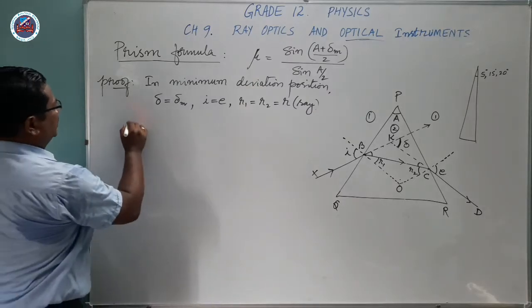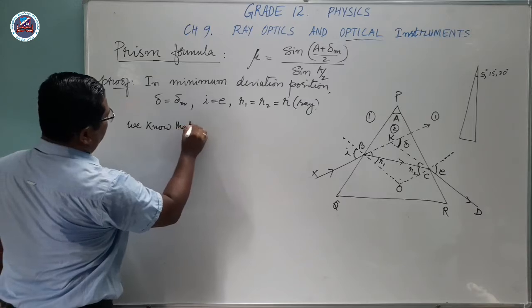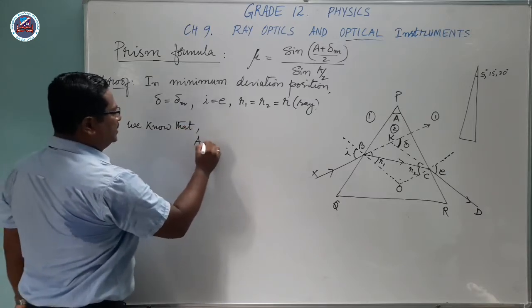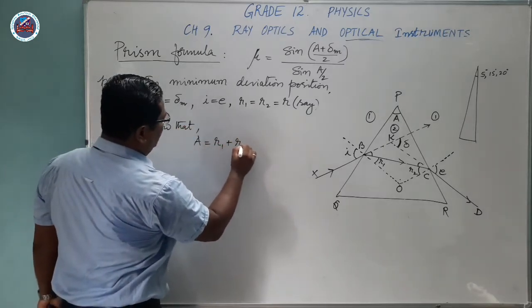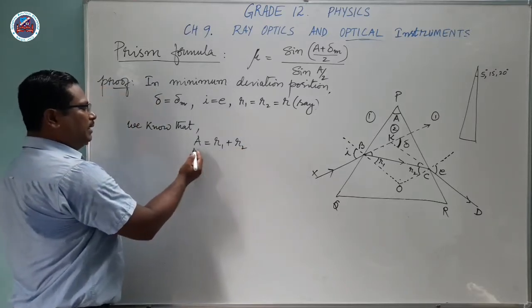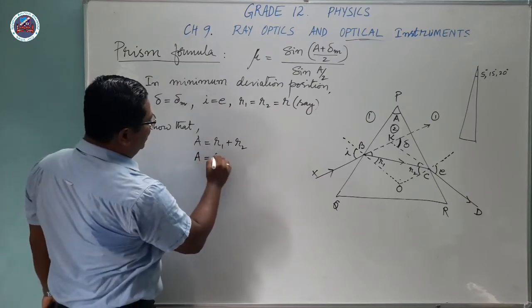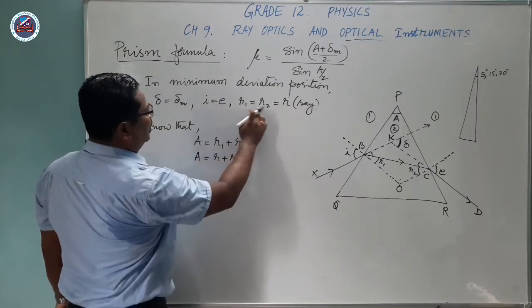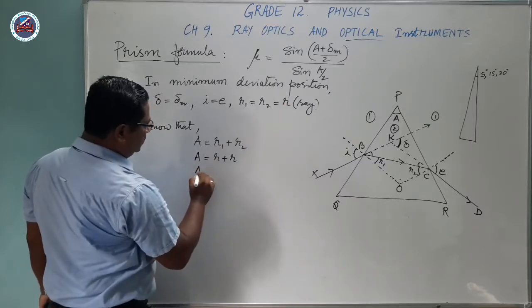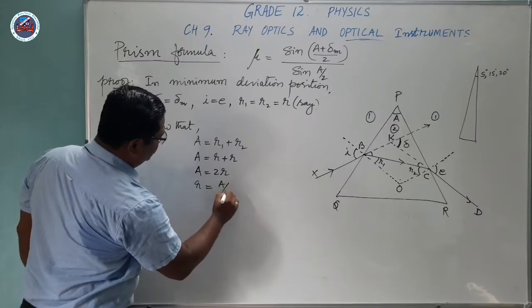We know that angle A is equal to R1 plus R2. Earlier we have seen R1 plus R2 is equal to angle A, the angle of the prism. A is equal to R plus R. Now we are taking both R1 and R2 equal to R. A is equal to 2R. So R is equal to A by 2.